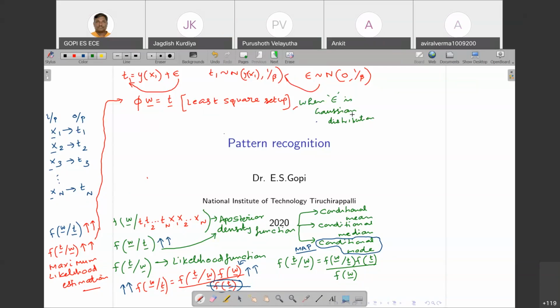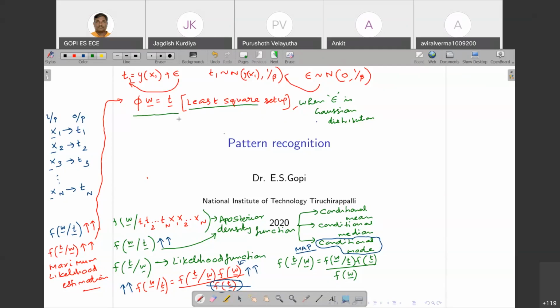But you can even attempt solving this directly, and in that case it is not maximum likelihood estimation, it is least square estimation, right?